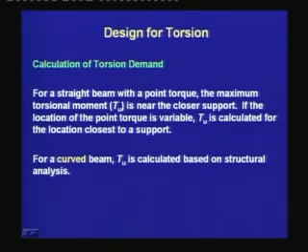The point load has to be placed closest to the support to generate the maximum torsion in the beam. In a curved beam, the calculation of Tu is more involved. It is calculated based on structural analysis.